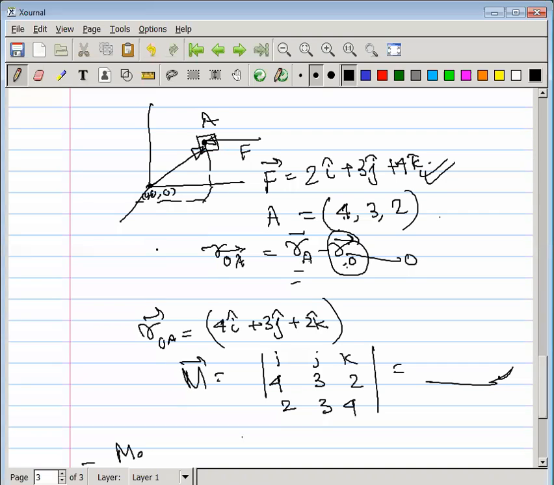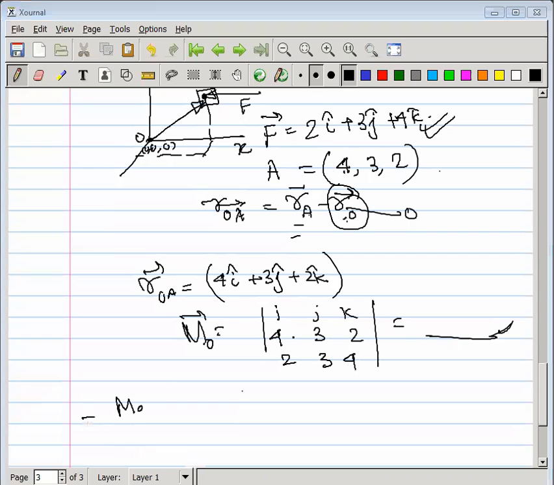Suppose in the question it is written that, for this force, you have already found the moment about the O point, and now you have to find how much moment will be generated about the x axis due to this force F. In that case, after finding M0, you have to simply do the dot product.